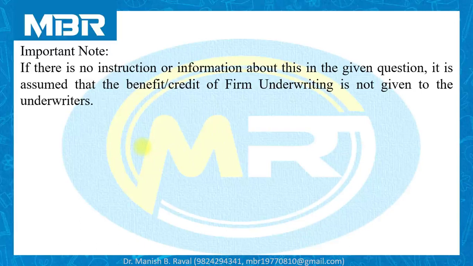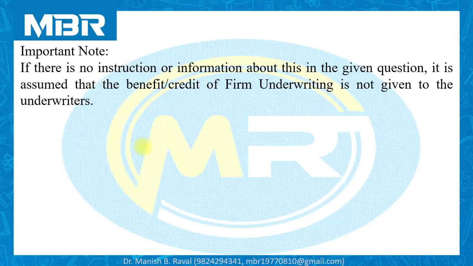At this point of discussion, I would like to inform you that underwriters are entitled to receive commission on general underwriting only. On firm underwriting, commission is not allowed to the underwriters. So at the time of calculation, please take care of these things very properly.